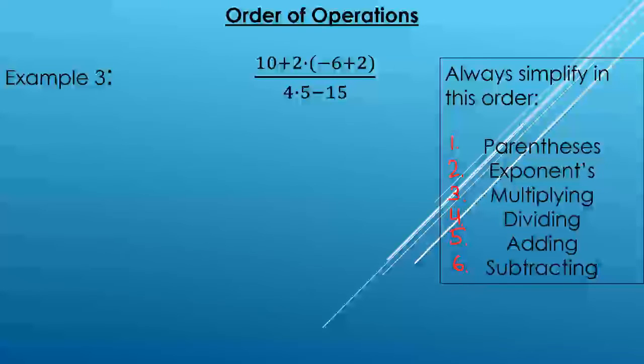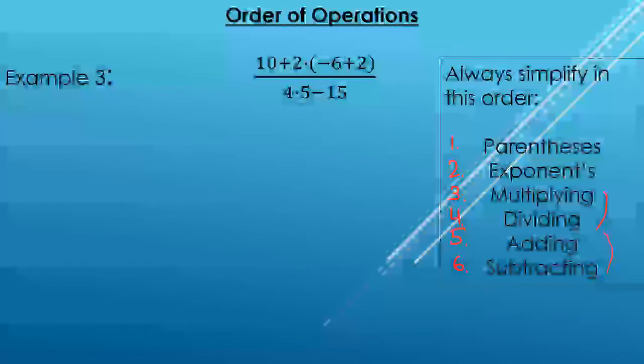If there's any exponents, do those next, and then do any multiplying or dividing, and then end with your adding and subtracting. Now, if there's adding or subtracting in a parentheses, that kind of takes precedent. Whatever's in the parentheses, do that first if you can, even if that's something that's later in the list.